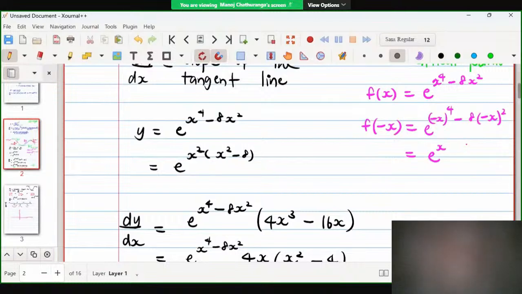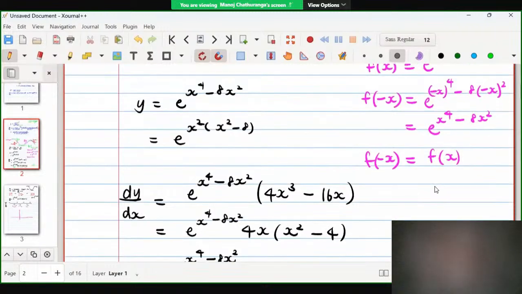It's again the same function. You might be wondering why I am doing this. I'm doing this to show you a very special property of this function. f of negative x equals f of x. If you remember, that means the function is even. A function with this property is called an even function.